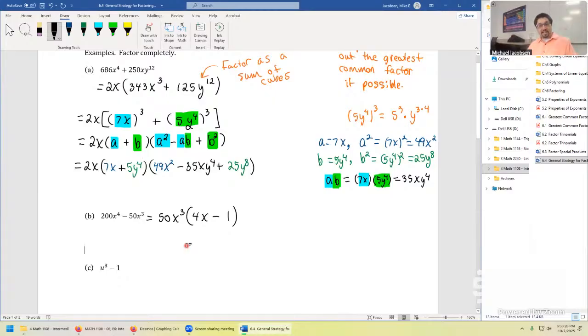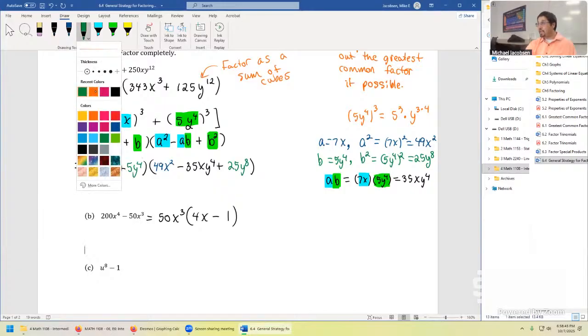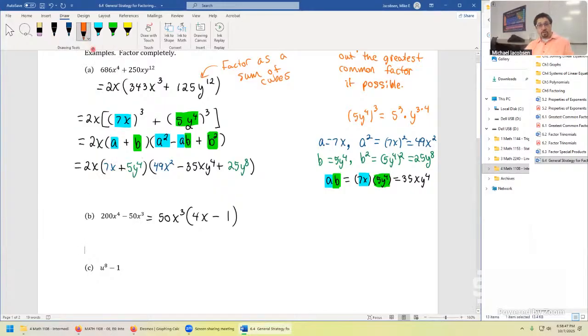2 terms again. So again, anything can happen with this one. But this one's a little bit different. That's a perfect square, that power 8 right there. This one wasn't a perfect square because 200 is not a perfect square itself. 1 is also a perfect square, so we can possibly tackle this one as the difference of squares pattern or formula.